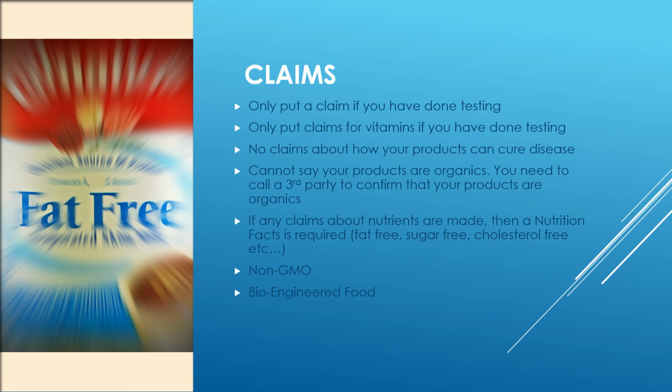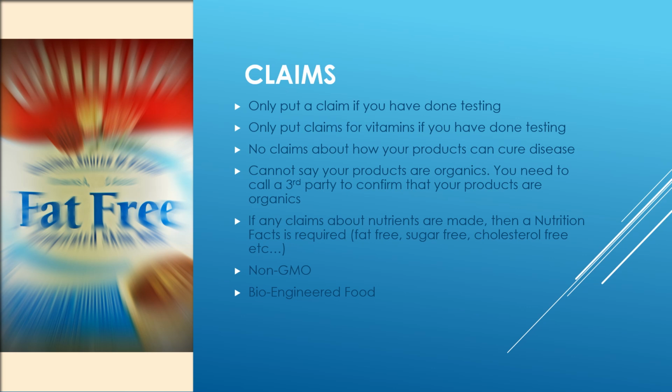Claims, again, you got to make sure you have the right authority, the right data and information to make your claims. So for organic product, you can't just say my product is organic. You got to make sure that there has been some sort of certification process that has confirmed that this product is organic, because sometimes a lot of those claims can lead to multiple complex ideas.